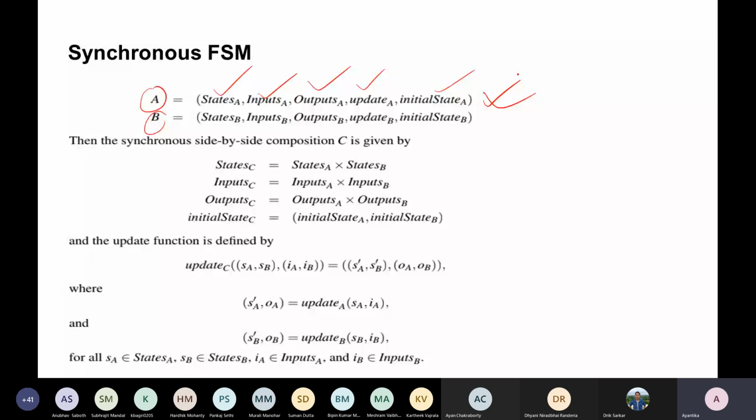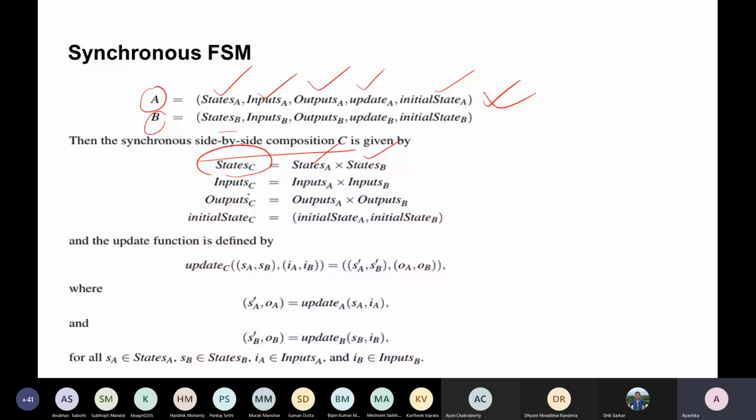There is no difference. Similarly, we have defined B with its states, inputs, outputs, update, transition conditions, and initial states. Now, for the synchronous side-by-side composition, when I consider the combined master state, state C, the states will be the pair of state A and state B.